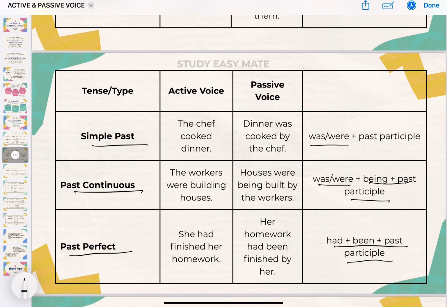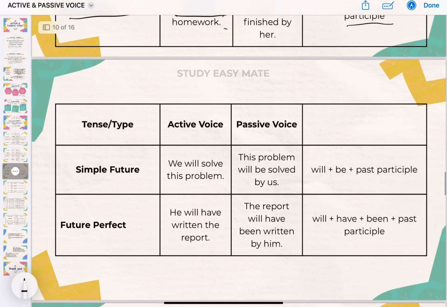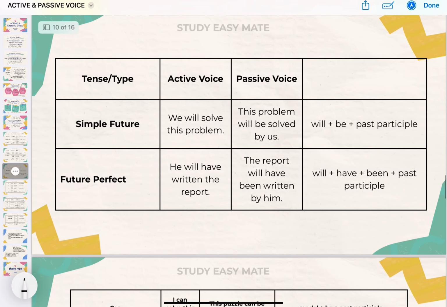"The chef cooked dinner" can be written as "dinner was cooked by the chef." "The workers were building houses": "houses were being built by the workers." "She had finished her homework": "her homework had been finished by her." So remember this. Next, for simple future, we will solve this problem. "This problem will be solved by us."